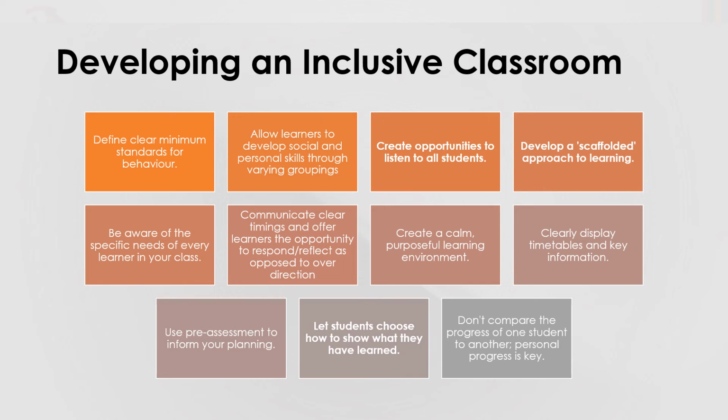Are we using pre-assessment to inform our planning? That's really important: how are we looking at their progress? Is that supporting our planning? We're not just going over things they already know. Are we letting students choose how to show what they've learned? And we shouldn't compare the progress of one student with another. We should be focusing on our students as individuals and looking at their own personal progress.